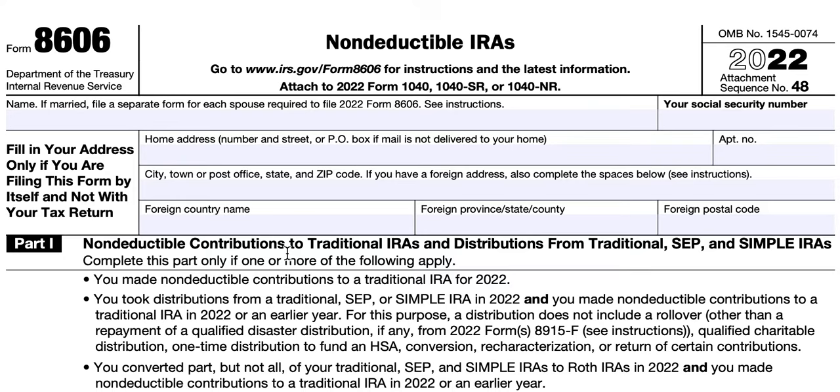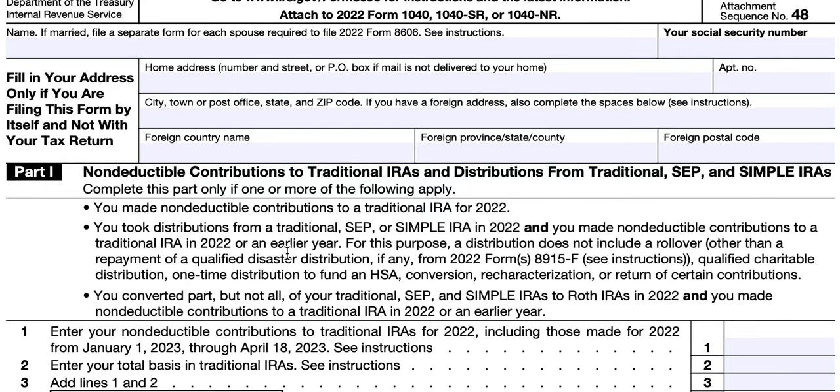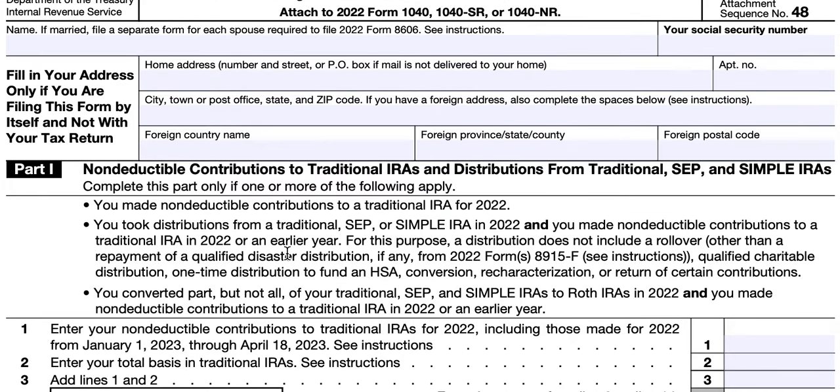So your name, your social security number, and then the address information is only required if you're filing this form by itself, not with your tax return. Most of the time, this form does accompany an income tax return, so you probably won't find yourself needing to complete the address fields.